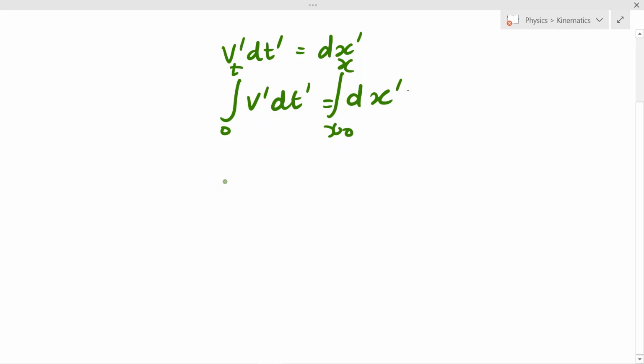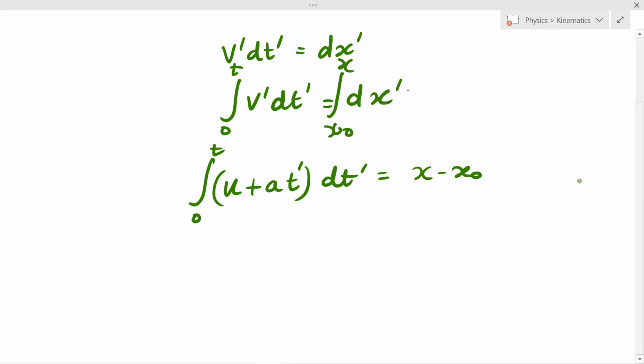This equals, v dash is equal to u plus at. u is the initial velocity and a is acceleration and t is time. So this becomes integral of u plus at dash dt dash from 0 to t. This equals x minus x0. So this is the displacement.